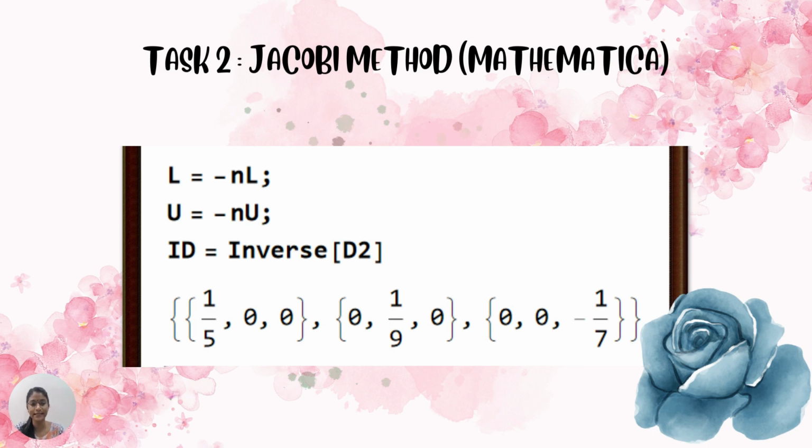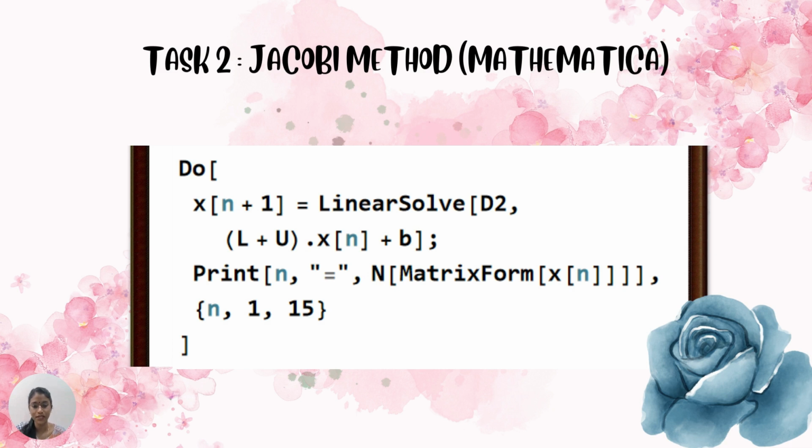And here ID is the inverse of the diagonal matrix. So here we will get the output as below, which is 1 over 5, 1 over 9 and negative 1 over 7. Now you can see that I'm showing you the Do loop command for us to obtain the iterations.